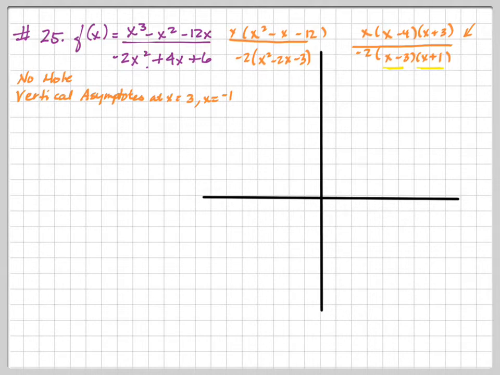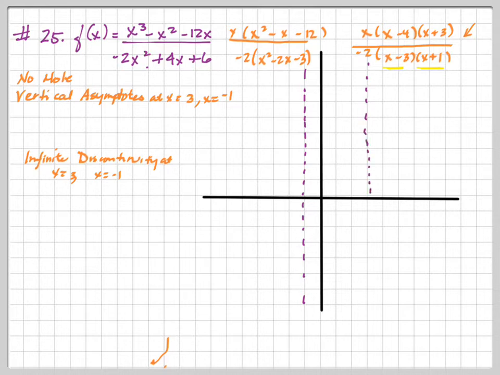And then, so that means we have vertical, infinite, couldn't think of the word for a minute, infinite discontinuity at x equals 3 and x equals negative 1. So let's get this negative 1 asymptote in, and 3.